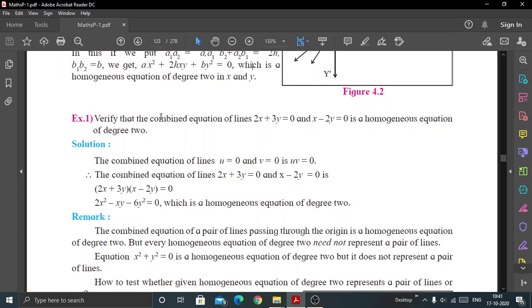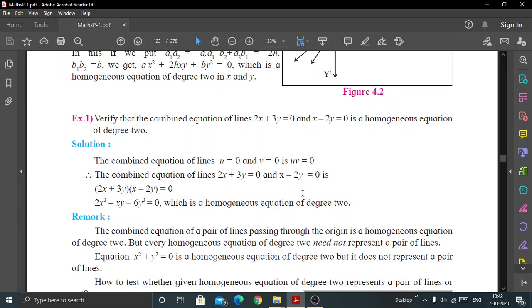Verify that the combined equation of the lines 2x plus 3y equal to 0 and x minus 2y equal to 0 is a homogeneous equation of degree 2. Here I am going to give one example. The combined equation of the lines u equal to 0 and v equal to 0 can be given by uv equal to 0. Therefore, the separate equations are 2x plus 3y equal to 0 and x minus 2y equal to 0.